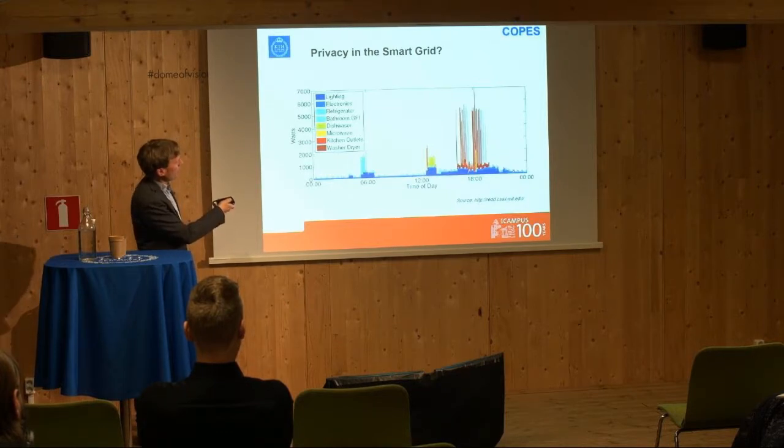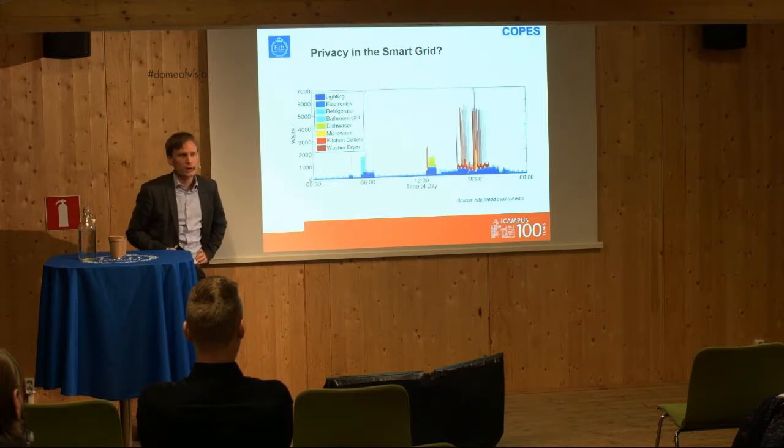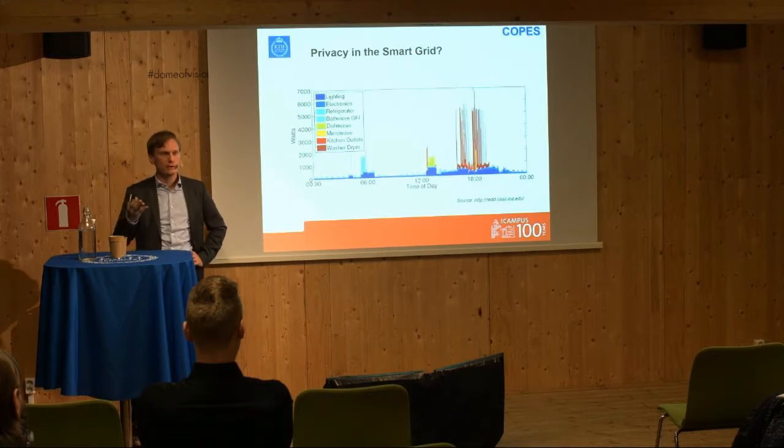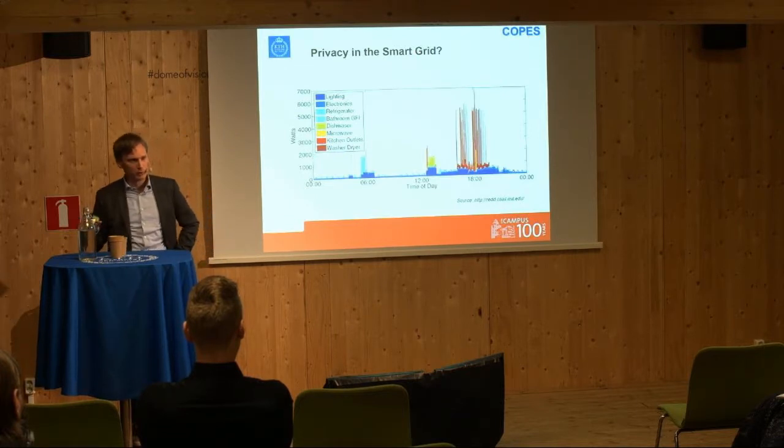The green color shows this pattern corresponds very well to a dishwasher. So then you know that the person probably turned on the dishwasher after lunch. Here you can see that the person turned on the washing machine and then the dryer, for instance. And you could even see things like the TV is on, and you could even try to correlate this and see what type of TV program the person is watching.